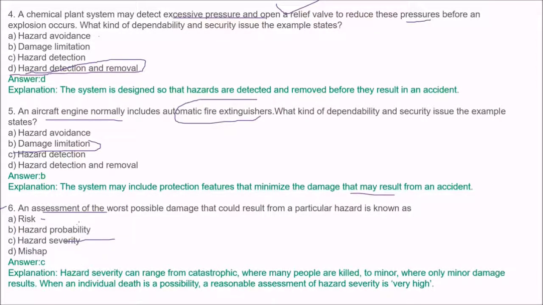Hazard severity can range from catastrophic, where many people are killed and life is threatened, to minor, where only minor damage may result. When an individual death is a possibility, a reasonable assessment of hazard severity is very high.